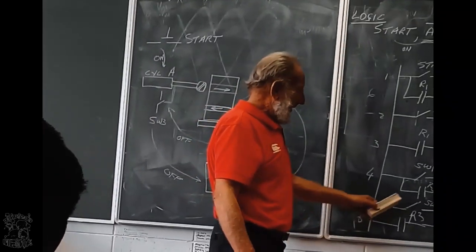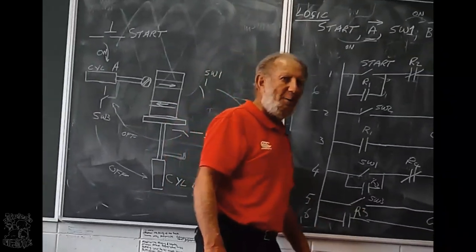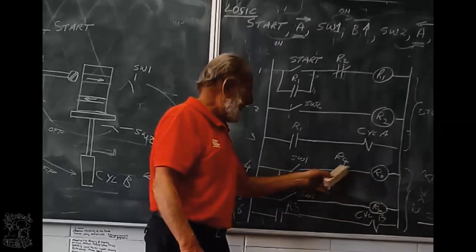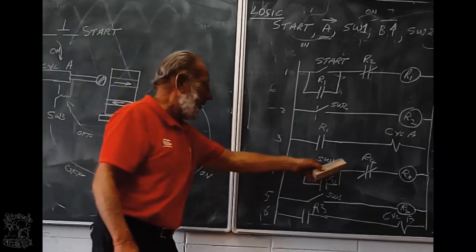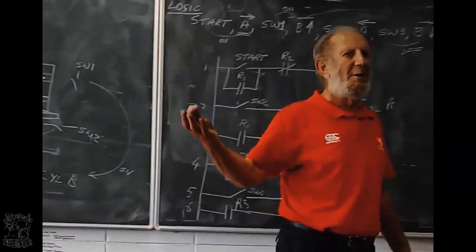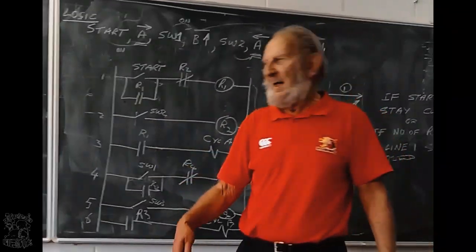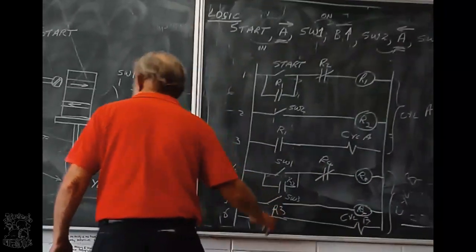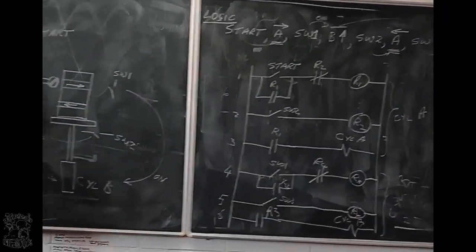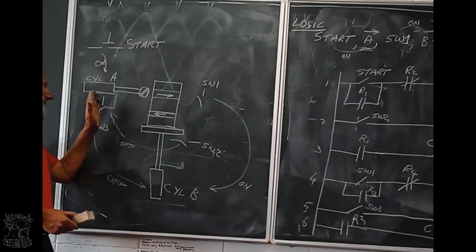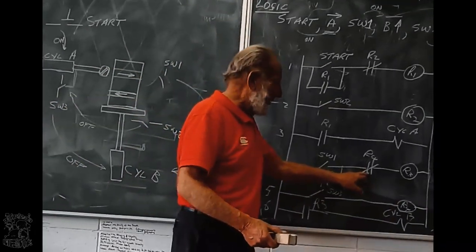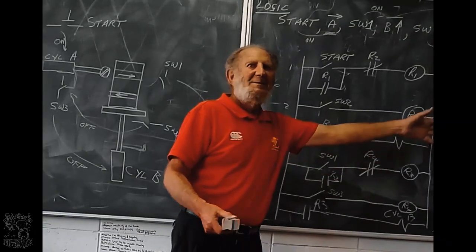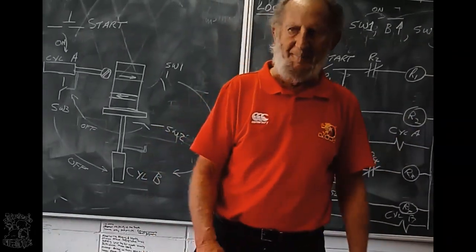Line 5, if switch 3 doesn't close, then relay 4, that contact cannot go open, cylinder B will stay on top. If this one closes and stays closed, that means when A starts moving, this switch doesn't open, it stays closed, that will still be open, cylinder B cannot start.